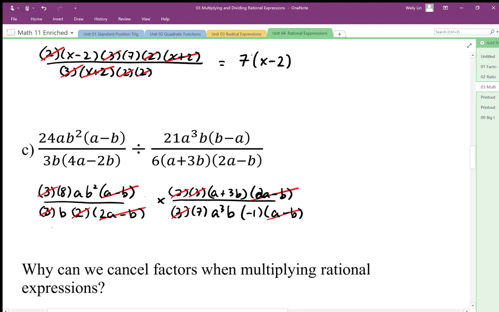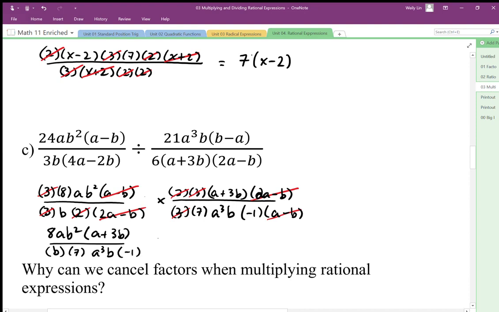So I'm going to end up with 8ab squared times a plus 3b, and looks like times 7 times a cubed b, and then there's a negative 1 factor.